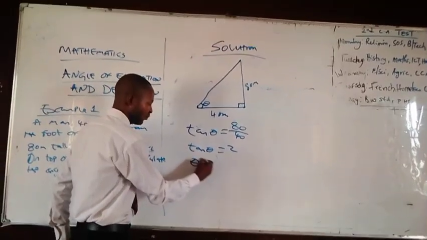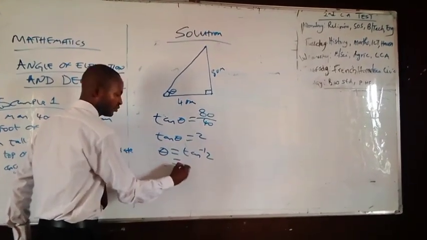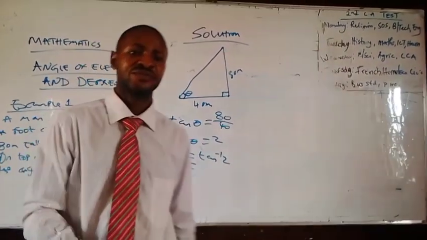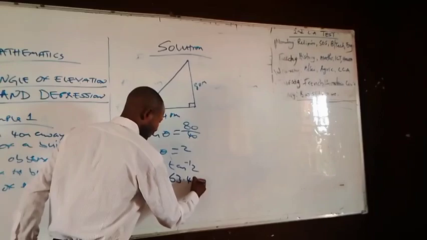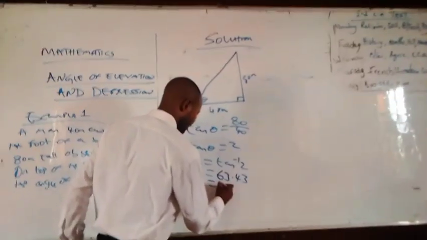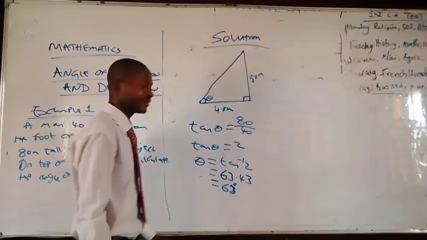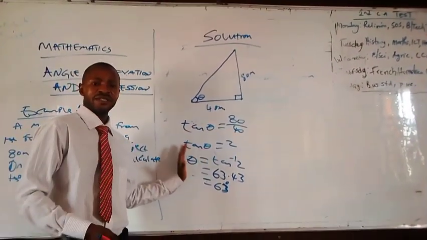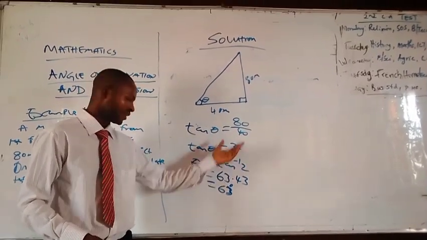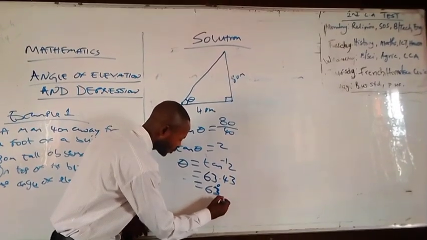So theta will become the tan inverse of 2, and that is 63.43, approximately 63 degrees. That is the angle of elevation. That is how to find the angle of elevation, applying the trigonometric ratio tan.